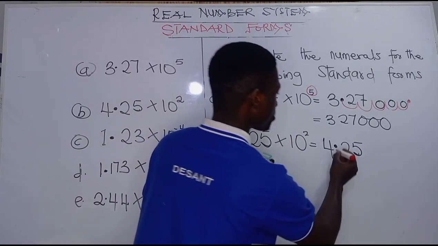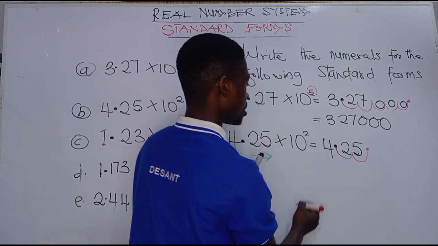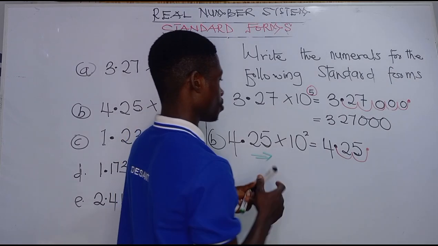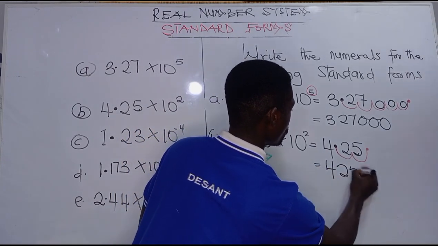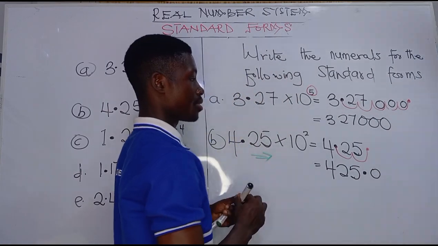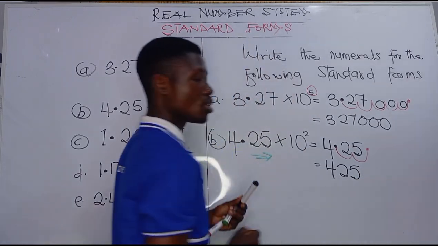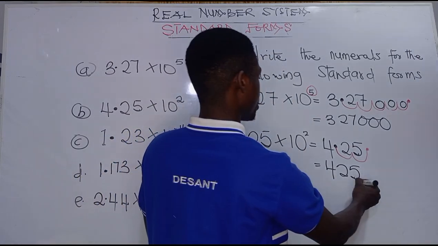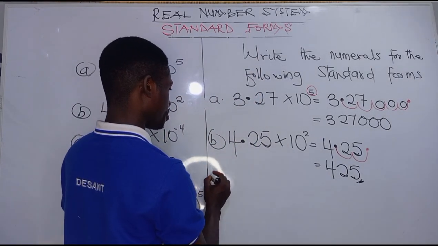So we are going to have 1, 2. Our decimal point is here. So our number becomes 425.0, and you know that 425.0 is the same as 425. And that is that. Let's look at the next example.